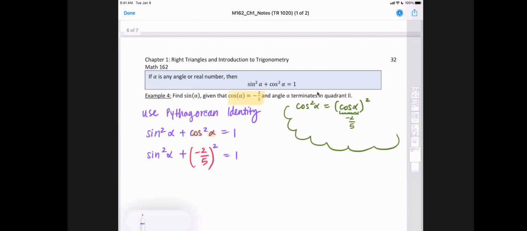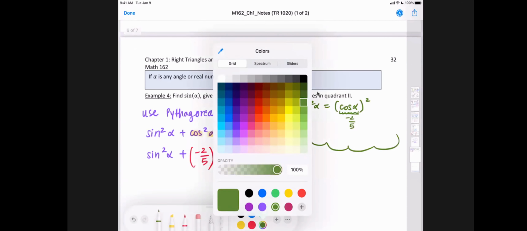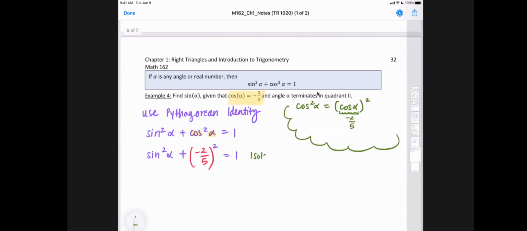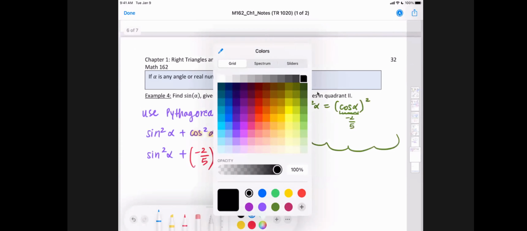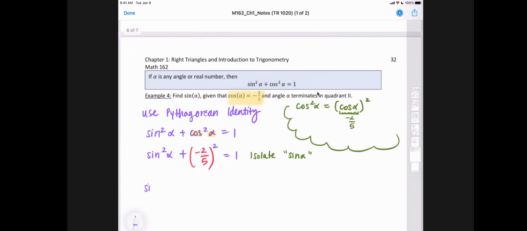So now that we have our equation here, you can see that we can isolate this equation for sine alpha, and that's what we're trying to find. So let's take this equation and isolate sine of alpha. Okay, so that would be sine square alpha plus 4/25, just squared out, is equal to 1.